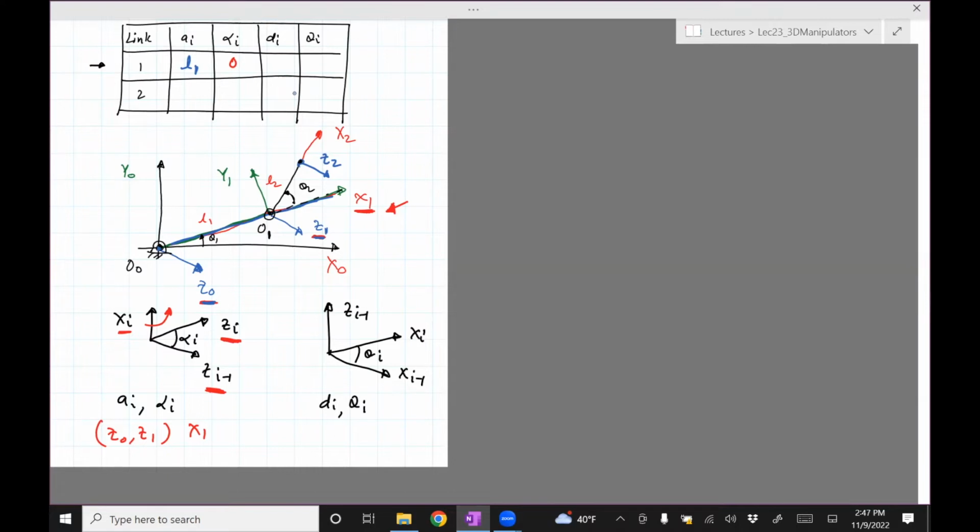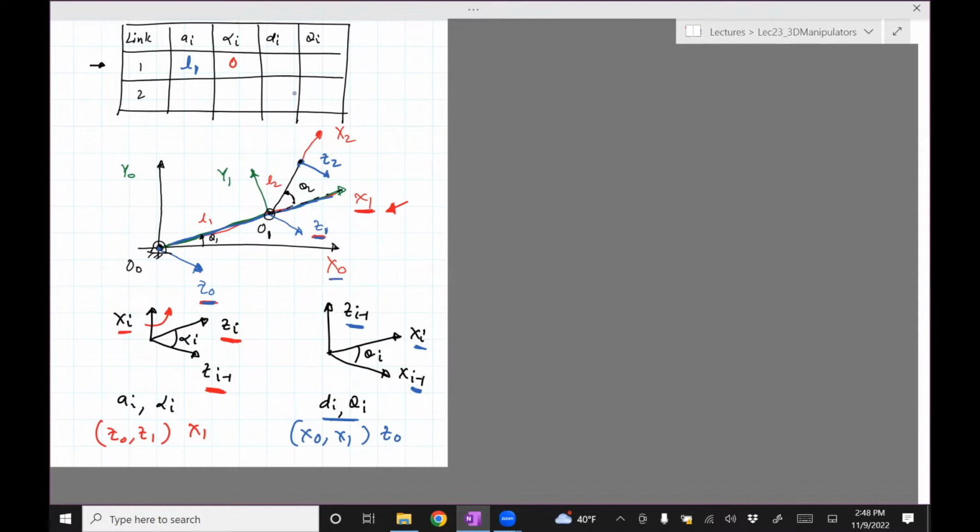Okay, next, we are here. We need to compute, let's do the angle, which is easier. Theta1 is the angle between x0 and x1 about z0, with i equals 1.